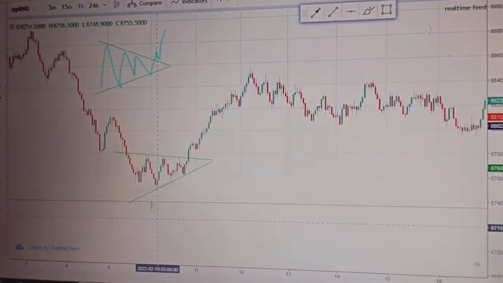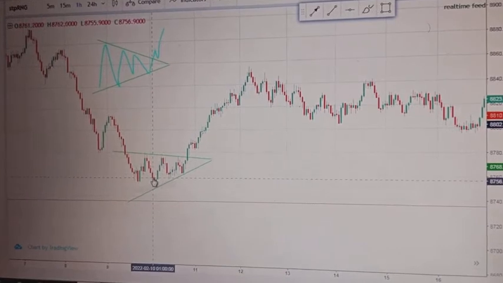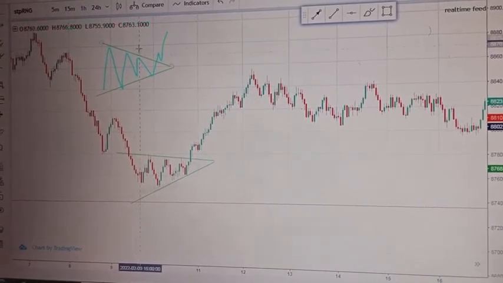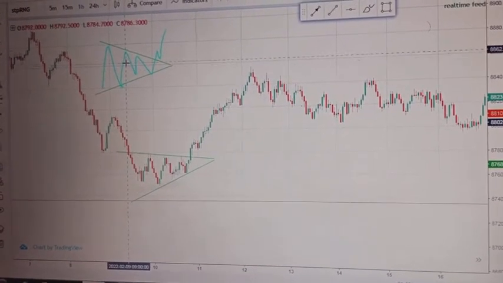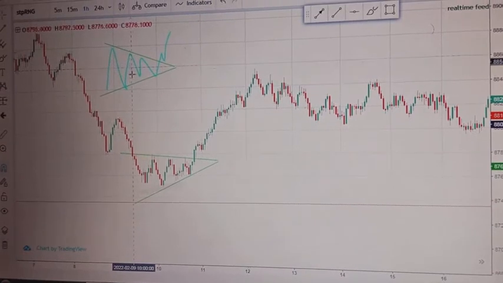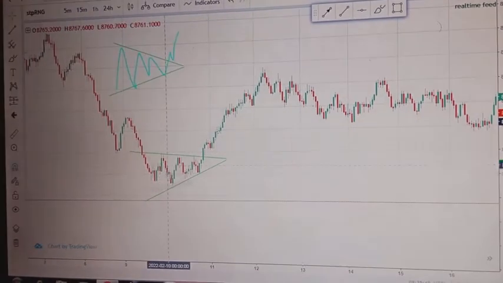Can you see this beautiful picture of this falling wedge here? What you are seeing here is almost the same thing as what you are seeing here. So how do you trade this?